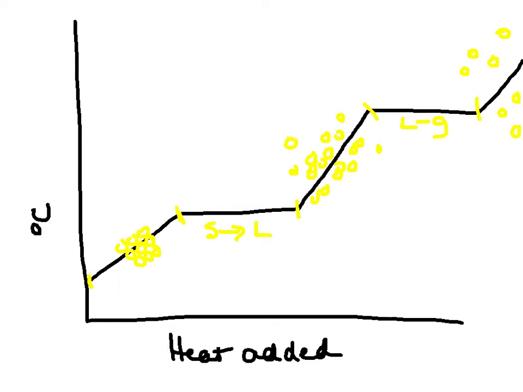Now, in order to solve a problem like this, the first thing you want to do, until you get used to working these types of problems, is to draw your heating curve and plug in your boiling point and your freezing or melting point. In this problem, we are given a boiling point of 47.6 degrees Celsius.